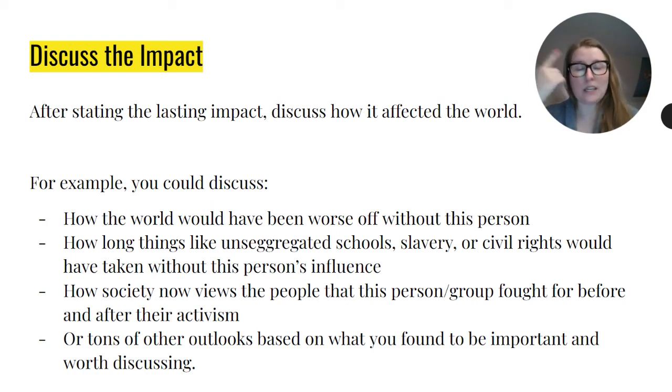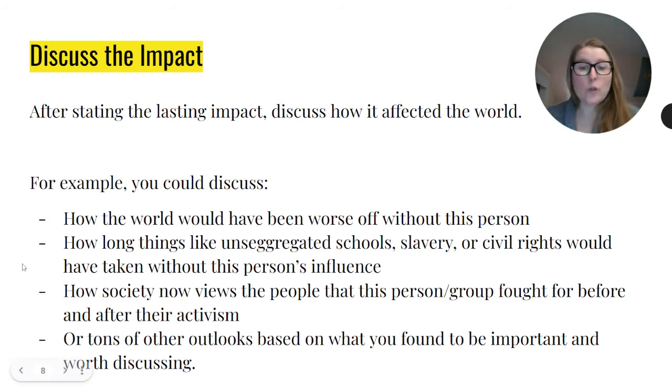So, for example, I'm thinking of Frederick Douglass right now. He spoke to a lot of women's groups, so white women's groups that were big on abolition of slavery. He brought them into that discussion because of his speeches. So think about how much impact they had on that movement and how long it would have taken them, if at all, to get involved with that movement without Frederick Douglass.